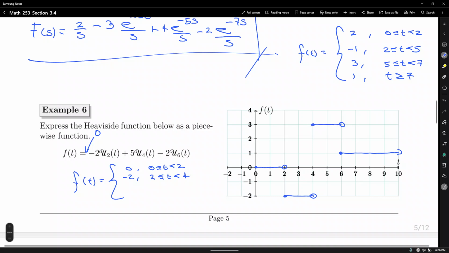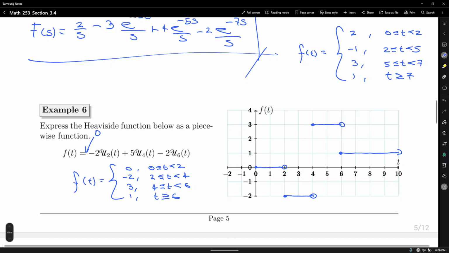And then what do we have? 3 units, a signal of 3 units between 4 and 6. And finally, a signal of 1 unit between 6 and on, so for t greater than or equal to 6. And again, you don't have to find a transform for this one, but I'll leave it to you as an exercise in your leisure time.